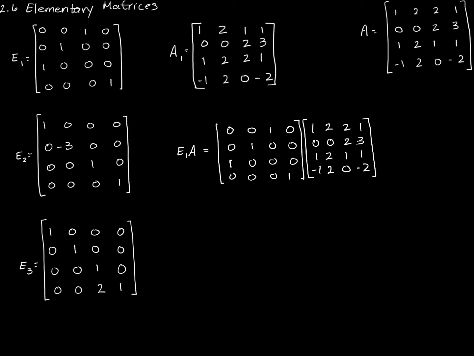All right, I'm going to do this relatively quickly, but I'll point out that this is a 4x4 matrix times a 4x4 matrix. So I can do this multiplication and the result will be a 4x4 matrix.